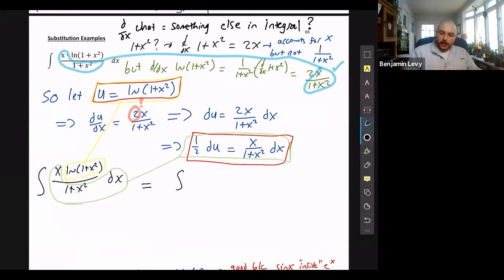It becomes the integral of u times 1/2 du, which we can think of as pulling the 1/2 out front and then just integrating the u. All right, let me pause there and see how that looks.